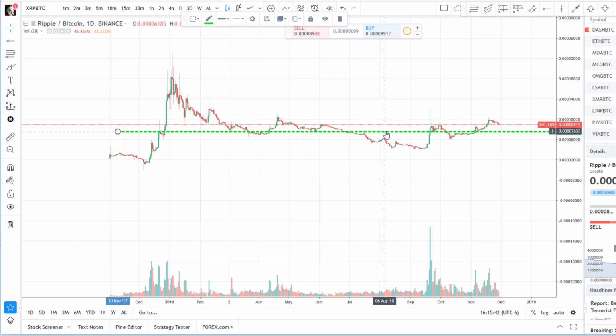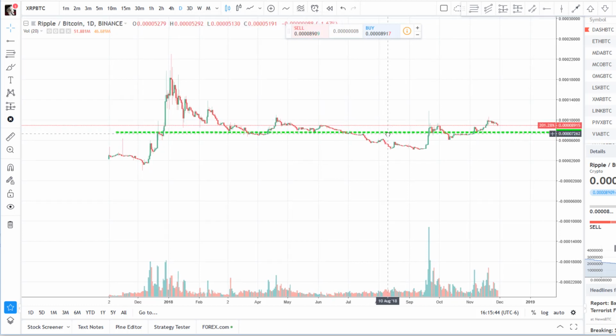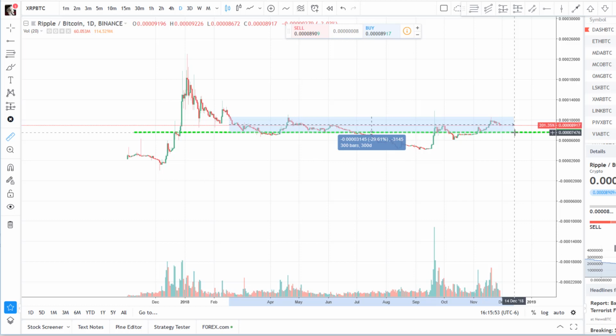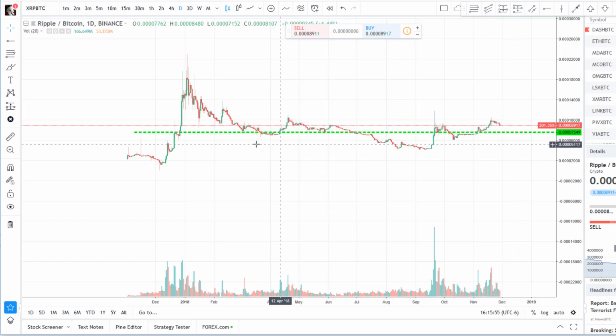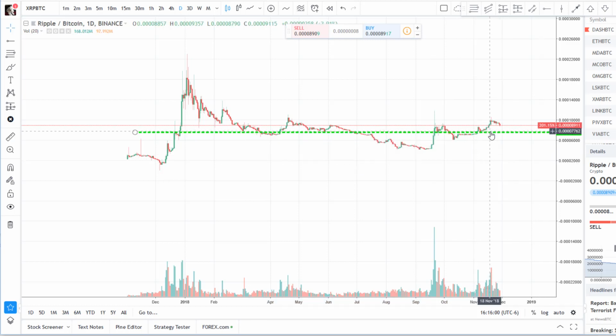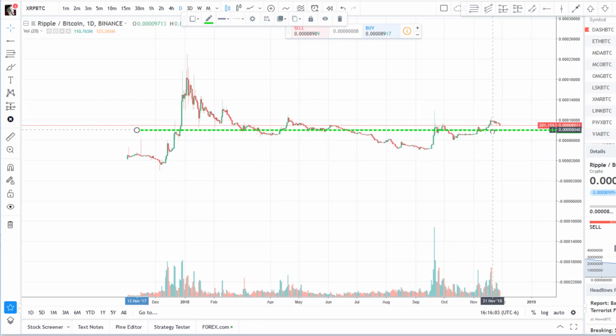Somewhere in this range is the fair value of XRP, meaning that the trading has happened up above this area, not the same time, but about the same time as it's happened down here. You might even put it up here a little bit more, something like this.